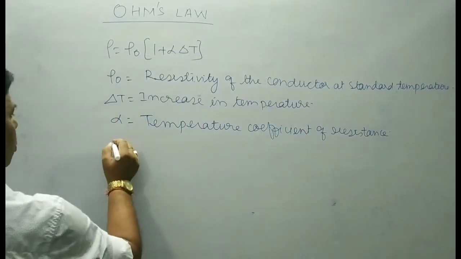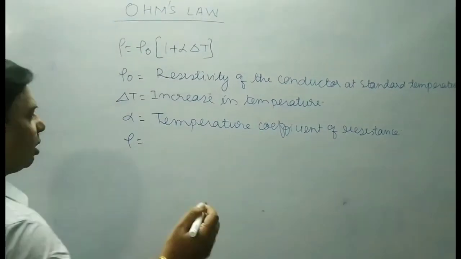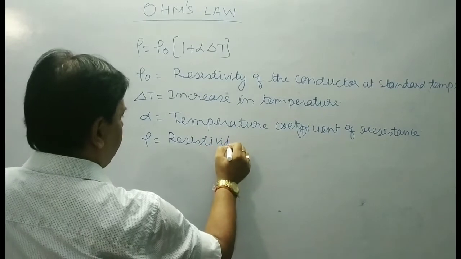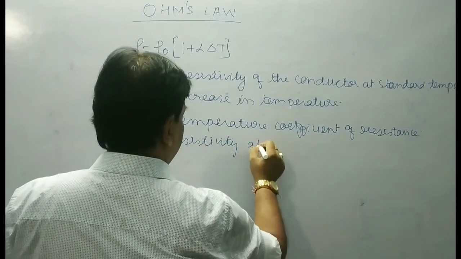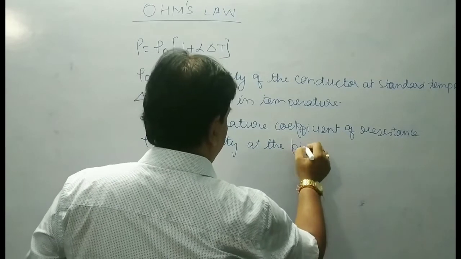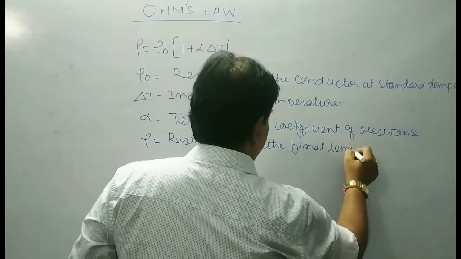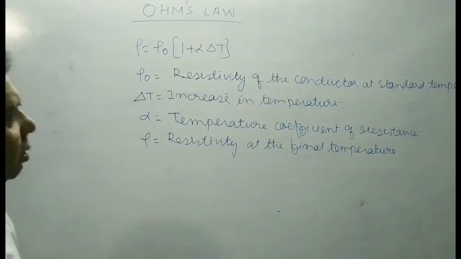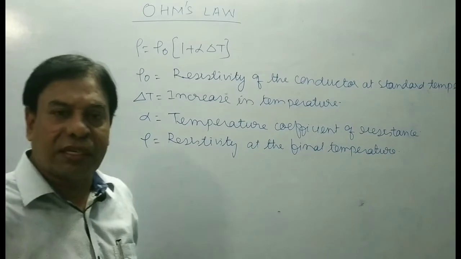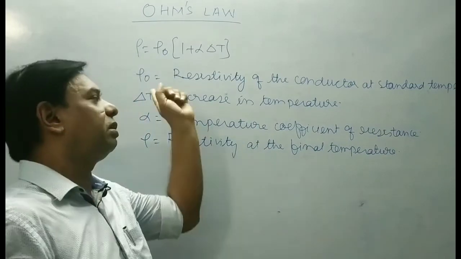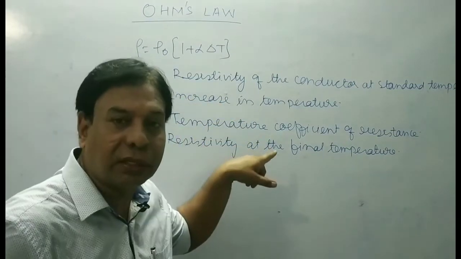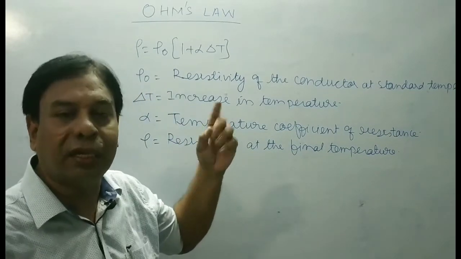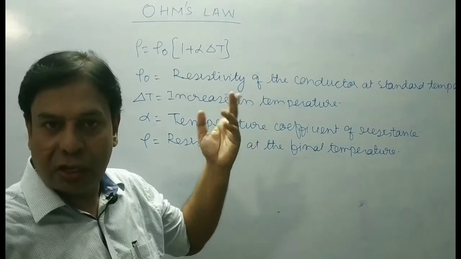Rho is the resistivity at the final temperature. That should be kept in mind that since resistance depends on the resistivity and resistivity depends on temperature, so with the increase of temperature, resistivity increases, so resistance increases. That should be kept in mind.